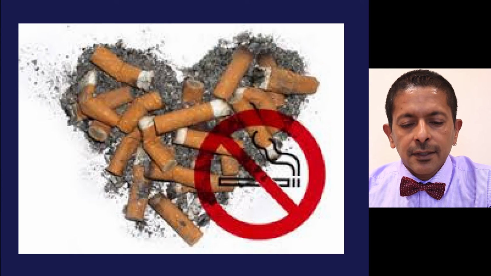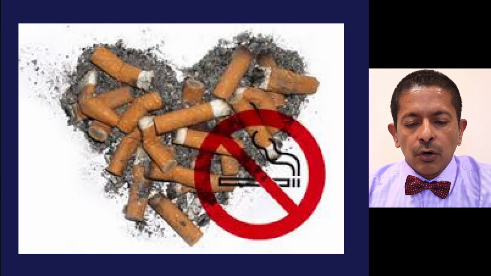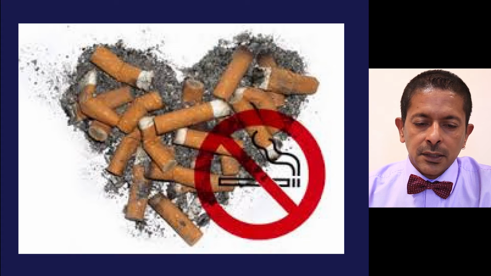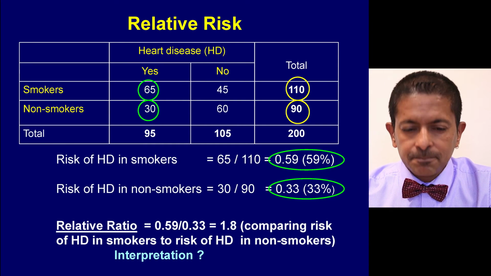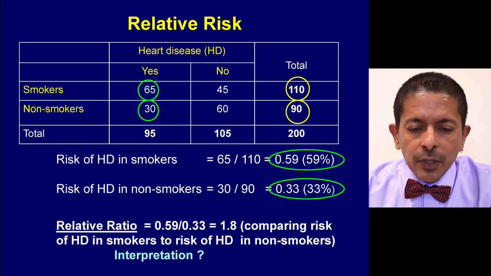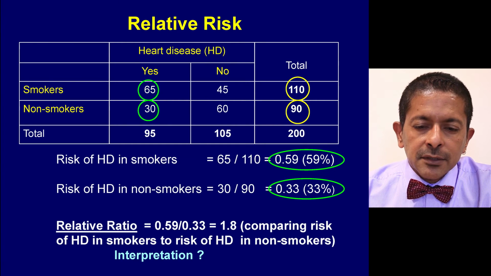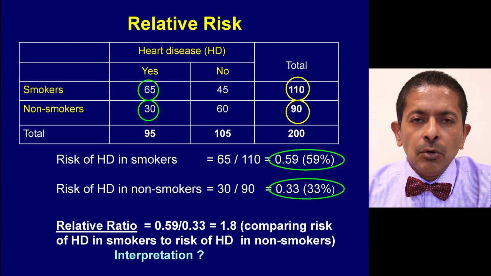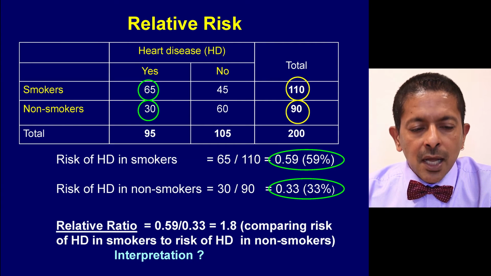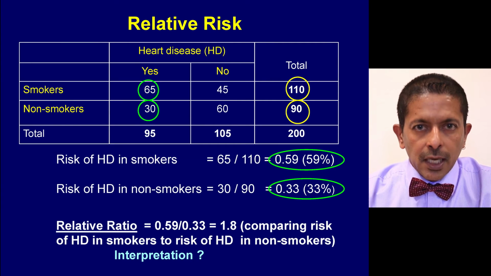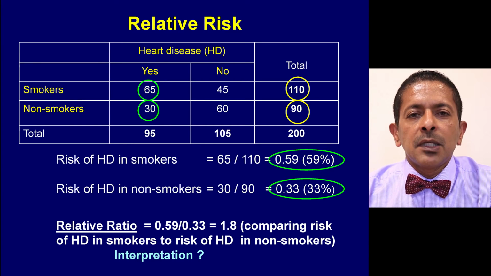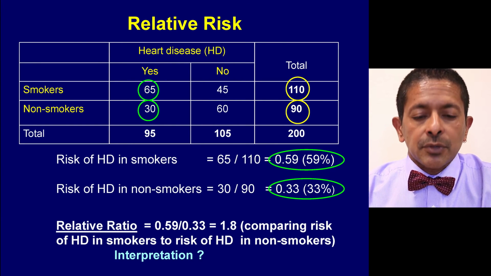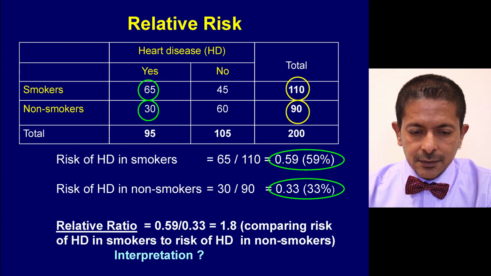Let's just take the relation of smoking and heart disease. And we will try to look at relative risks. Now, when you're looking, you get relative risks in cohort studies. And in cohort studies, you assign your exposures and you follow up the patients over time and you see how many developed the event of interest, in this case, heart disease.